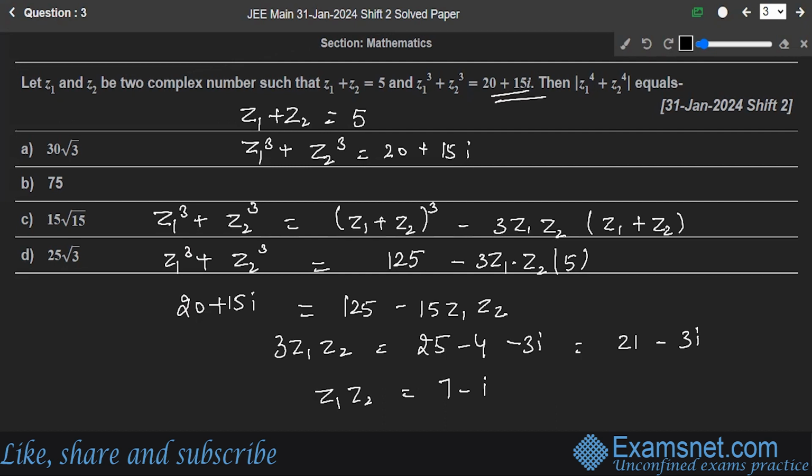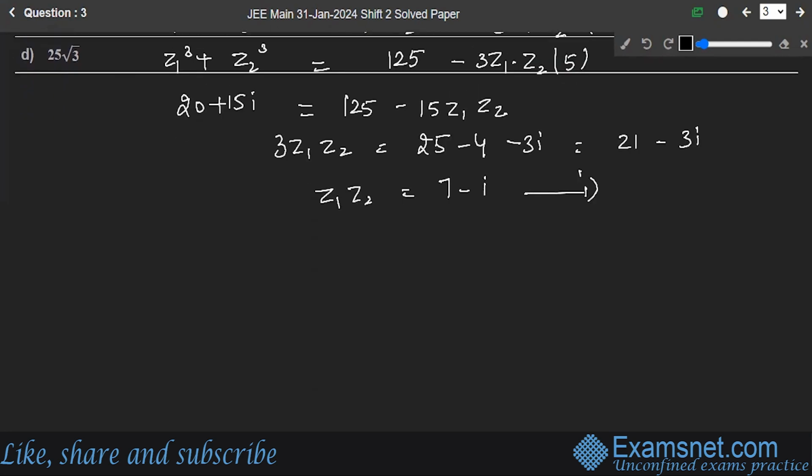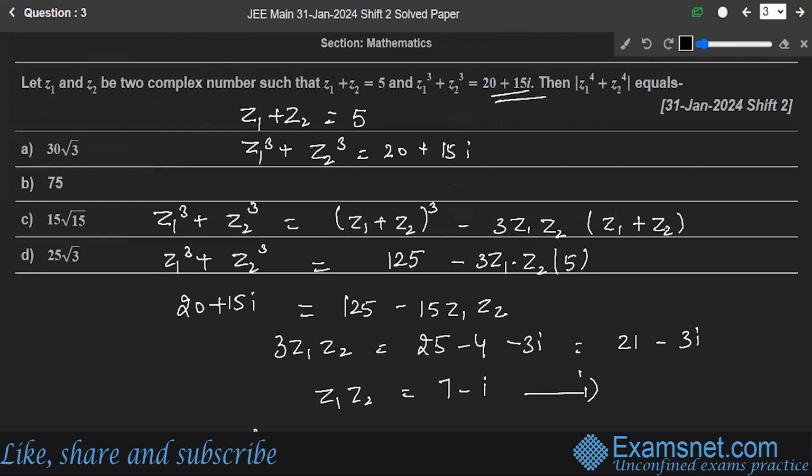Now, let's do one thing. Let's keep this thing in mind because I got this value of Z1 into Z2. Let's solve Z1 plus Z2 square. This is equal to 5 square, which is equal to 25. This makes it Z1 square plus Z2 square plus 2 Z1 Z2 is equal to 25. Do I have the value of Z1 square plus Z2 square?